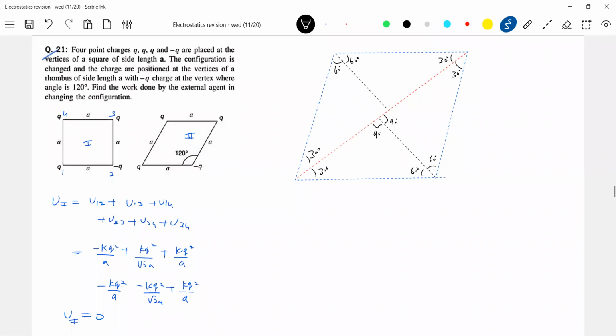So this is the Q, minus Q, Q. So this will be 5. We'll give numbers 5, 6, 7, 8. The same interaction. So the side length, the only thing is the diagonal length has to be calculated.